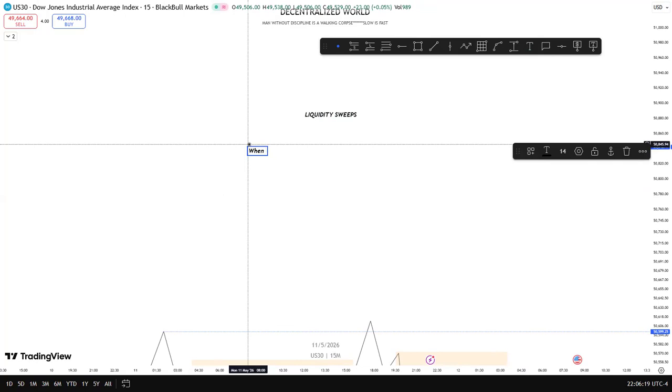When price briefly moves beyond the level to collect liquidity, for reversal.